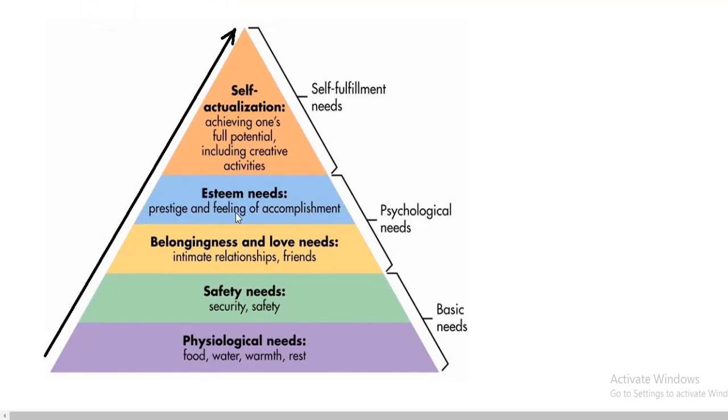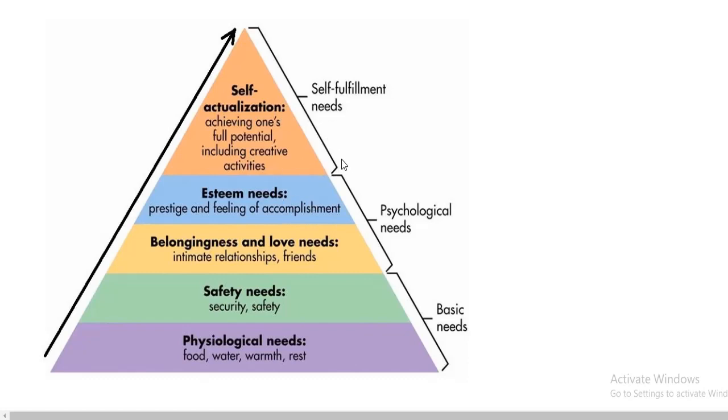So we move further up the pyramid with the psychological needs, where we find the esteem needs. As I mentioned before, it's about value and respect in yourself, and feeling that you're worthwhile. So the prestige and feelings of accomplishment.